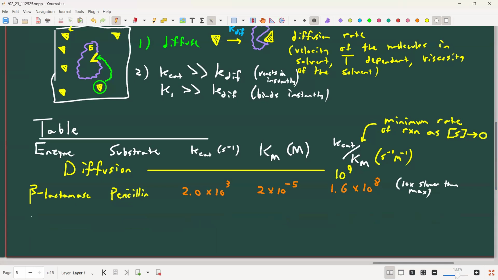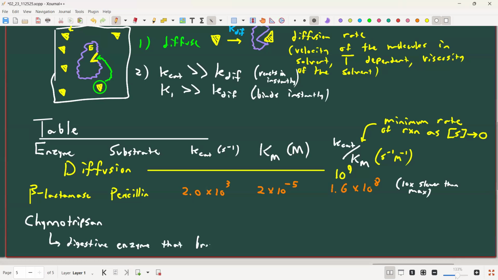Here's another one, and I'm going to write this. Here's another one, chymotrypsin. This is a digestive enzyme that cleaves amino acids apart, that breaks peptide bonds.